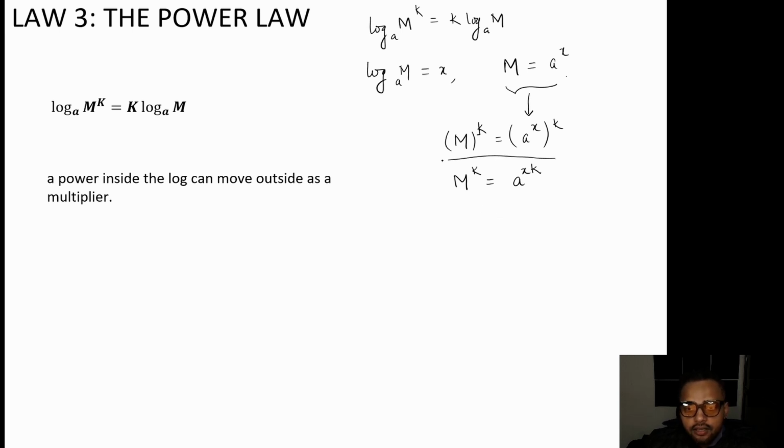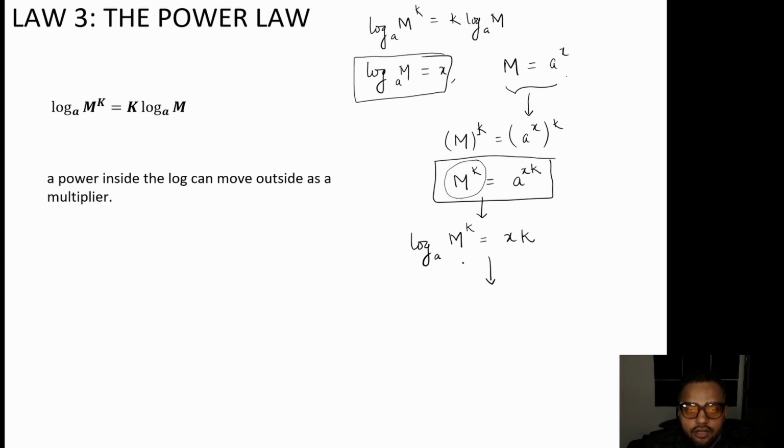Now if we transform this equation into logarithmic format, what we can write here is log of m raised to the power k, base a, equals x times k. Now in this part, what we have substituted for x, students, was log of m base a.